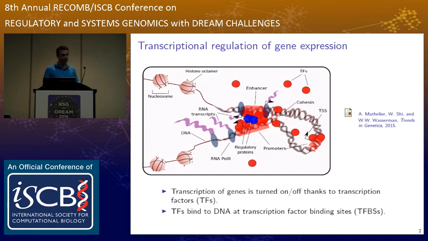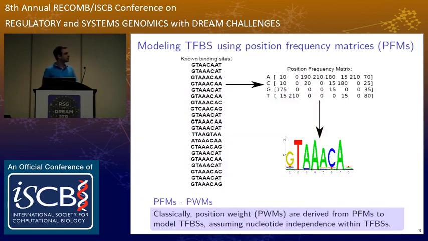So classically, what's done to model that computationally is to use position frequency matrices, which basically summarize the motif, so the binding sites which are known to be the transcription factor binding sites recognized by your transcription factor of interest.